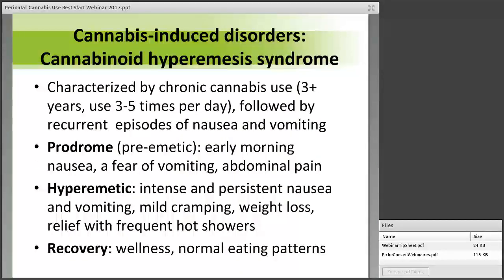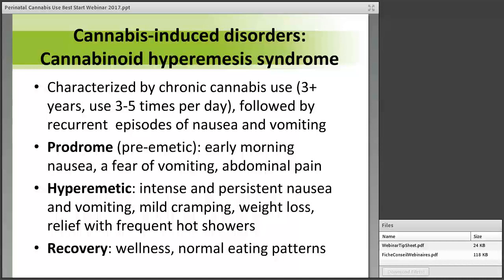Another condition of interest, particularly in perinatal populations because of the risk of nausea and vomiting of pregnancy, is a disorder first described in 2004 called cannabinoid hyperemesis syndrome. It's a very interesting disorder characterized by chronic cannabis use.